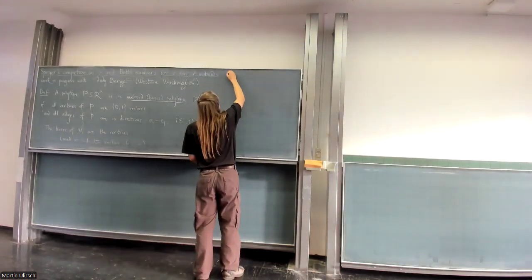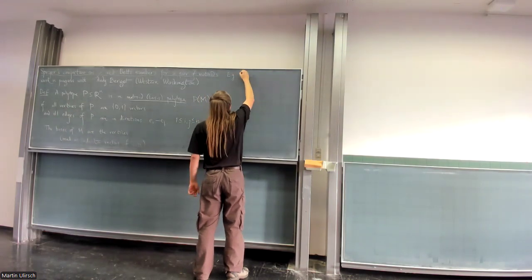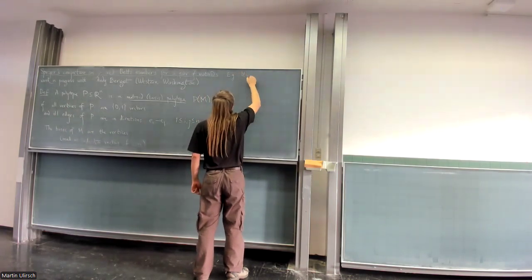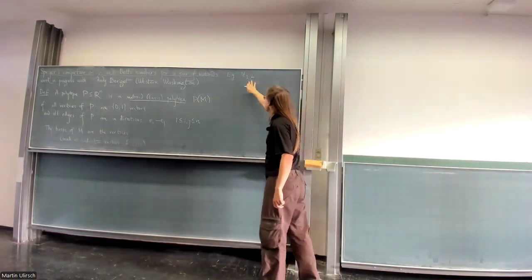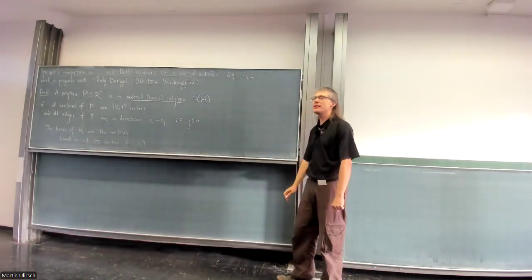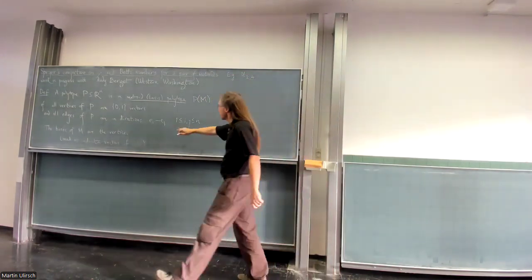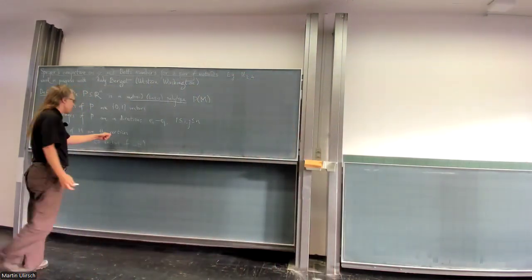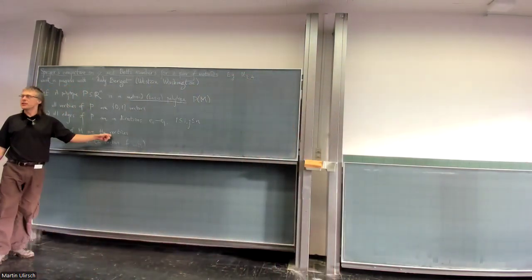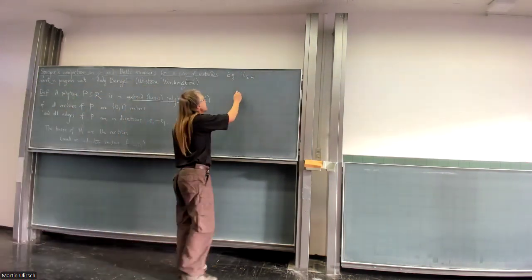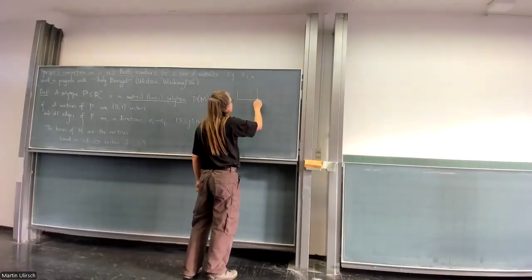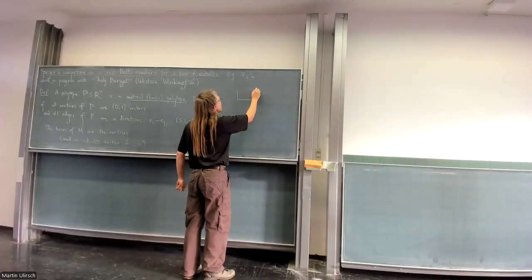For example, we can take the uniform matroid of rank 2 on 4 elements. This is the matroid whose bases are all size 2 subsets of a 4-element set. That gives us 6 vectors, of which we want to take the convex hull, all permutations of 1, 1, 0, 0. And if we do that, we get the octahedron, which I can draw.